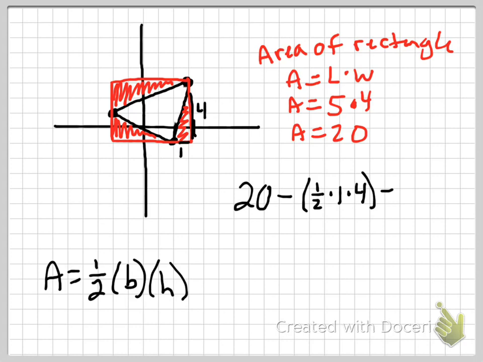So there's one of my triangles gone. Now I have 2 more to get rid of. So I'm just going to choose to get rid of this one right here next. That one is a 2 by 1, 2, 3, looks like 4. So to get rid of that triangle, it's 1/2 times 2 times 4.